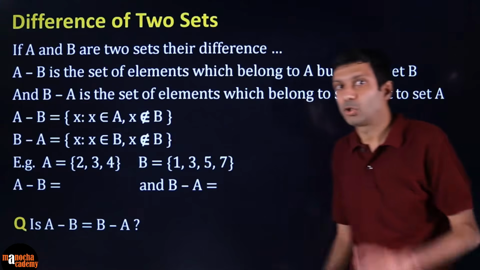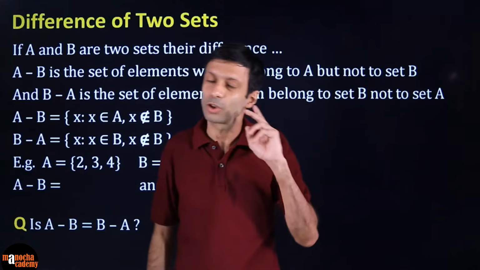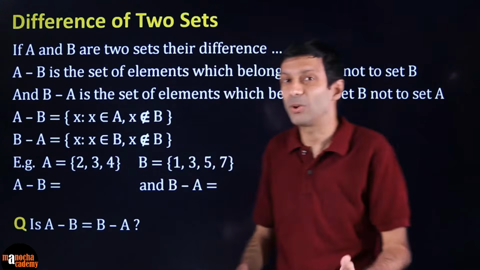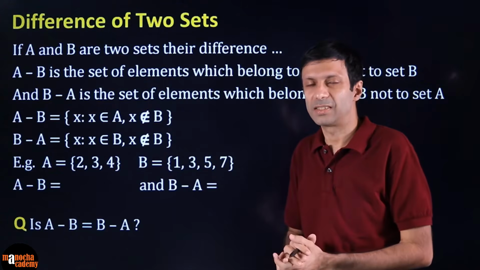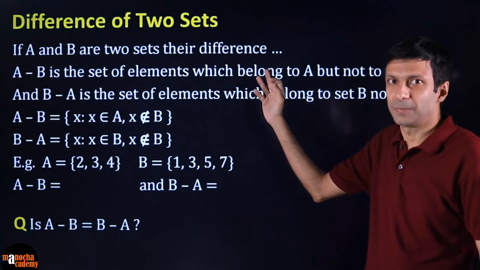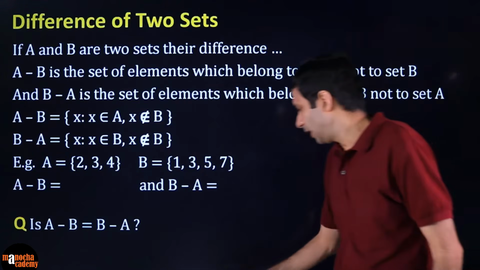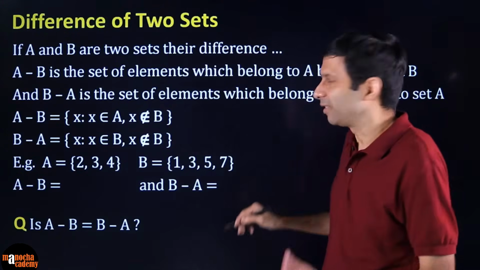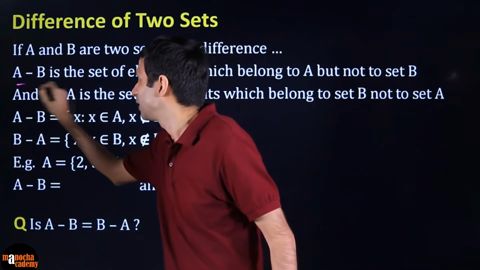So it's still going to be true here. Now we have talked about union of two sets, we have talked about intersection of two sets. Now let's talk about difference of two sets. If we take two sets A and B, then what is the difference? This is very interesting. A minus B, the difference, we represent with the minus notation.